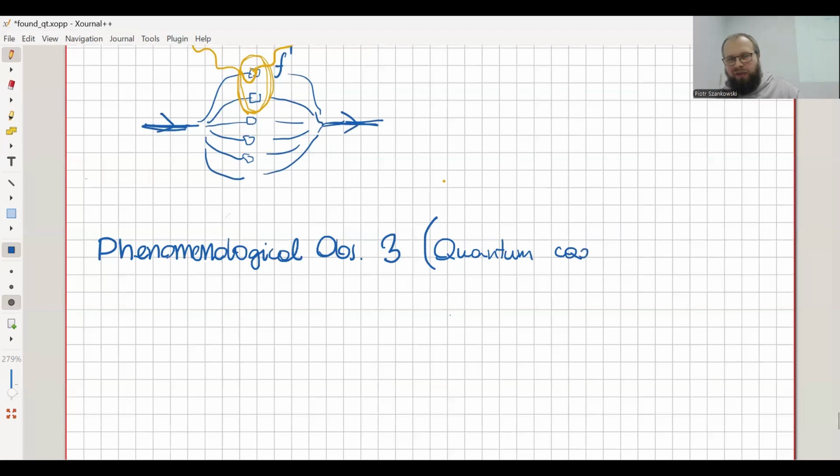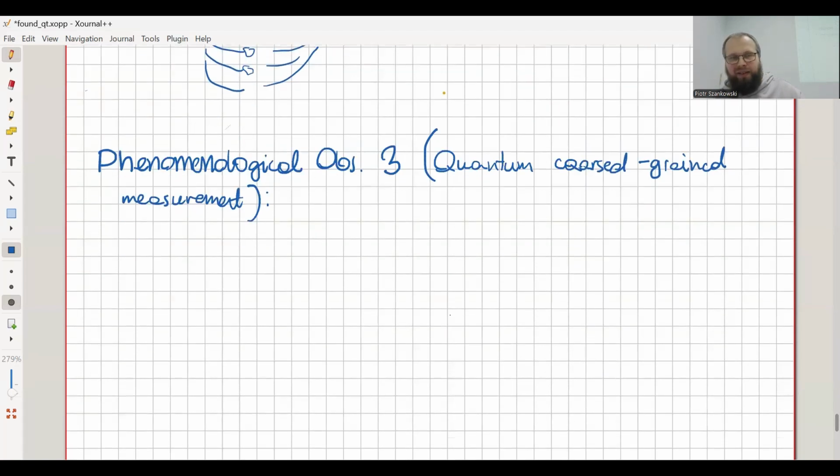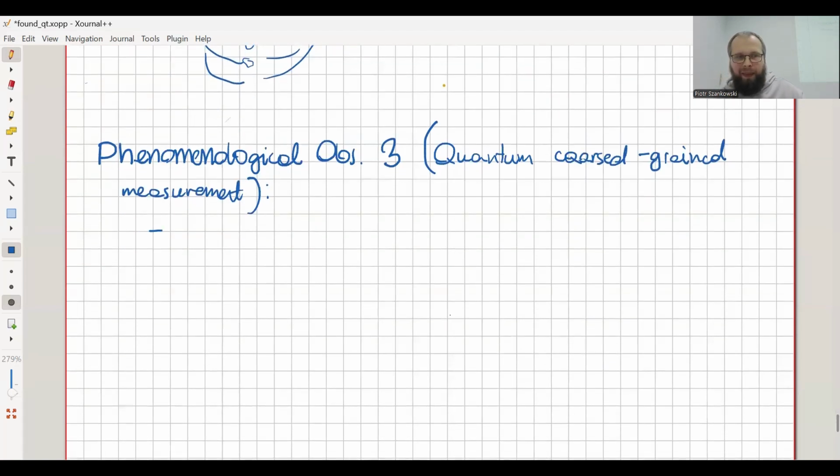For our coarse-grained measurement, it says: not let.